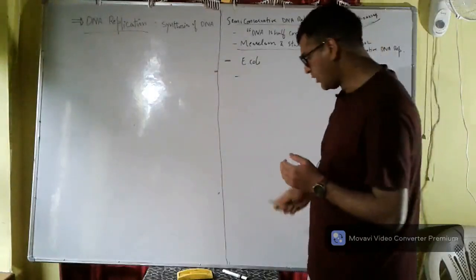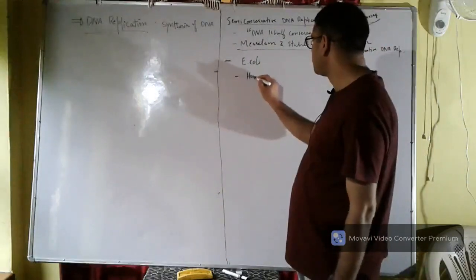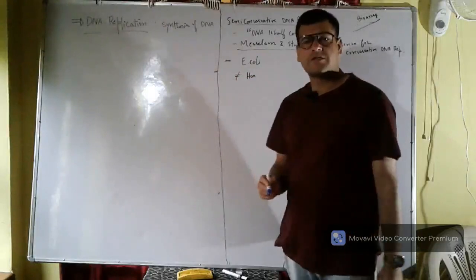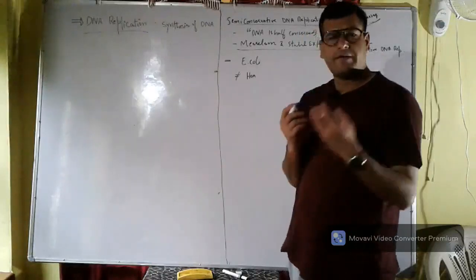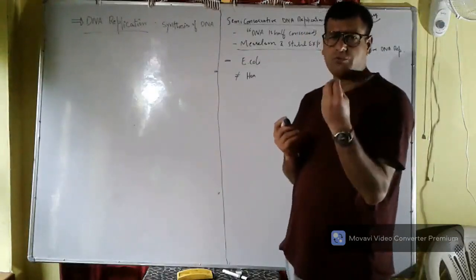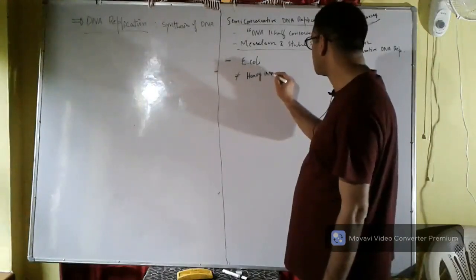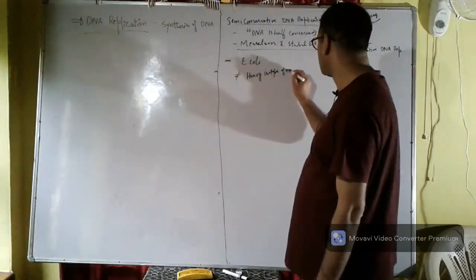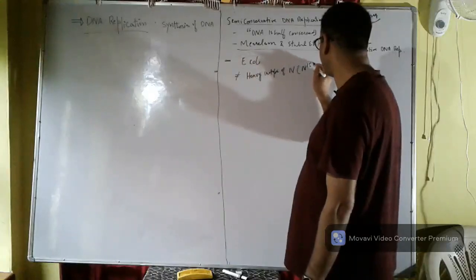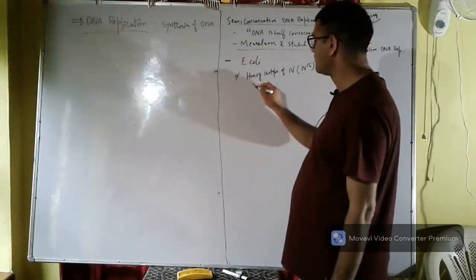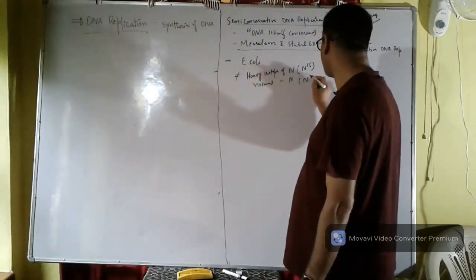They used two isotopes of nitrogen for their experiment. One is the heavy isotope of nitrogen, that is N15, and the other is the normal, light isotope of nitrogen, that is N14.